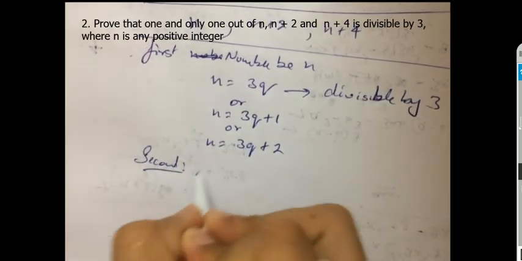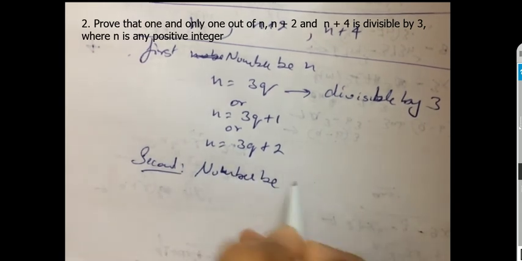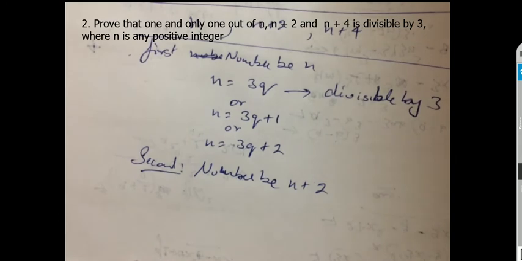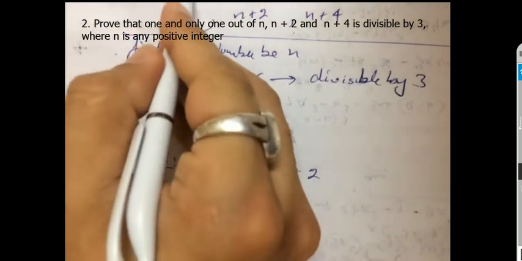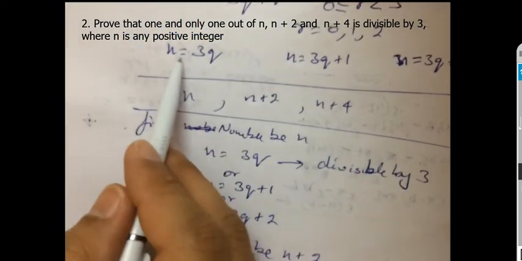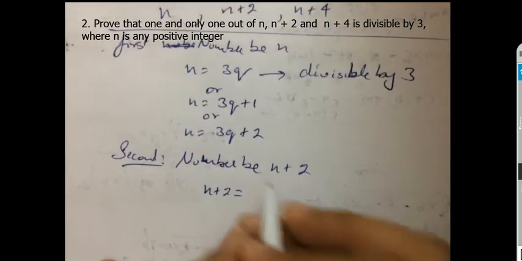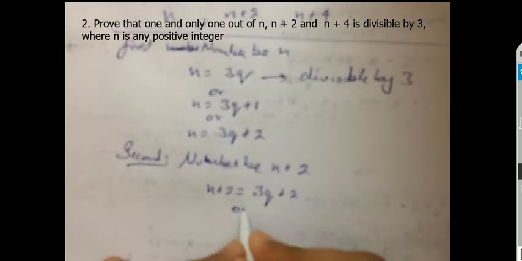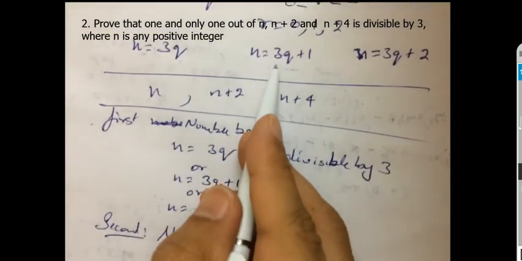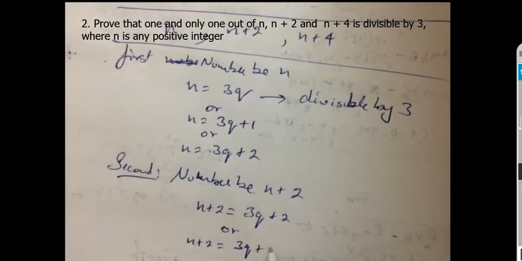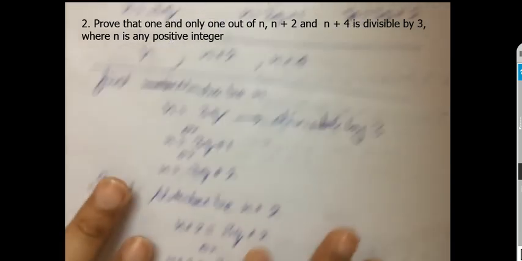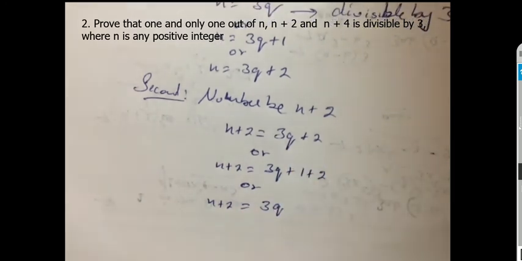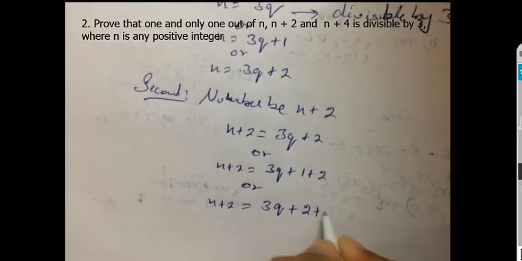Second, let the number be n plus 2. If the number is n plus 2, then we add 2 on this side also, as we have added 2 on the other side. It will become 3q plus 2, or n plus 2 equals 3q plus 1 plus 2, or n plus 2 equals 3q plus 2 plus 2.